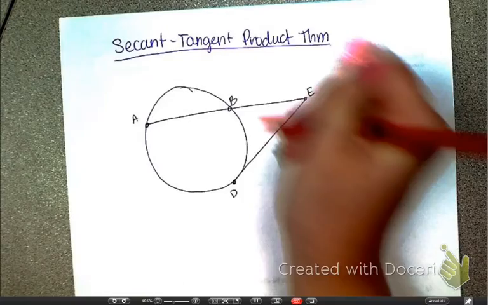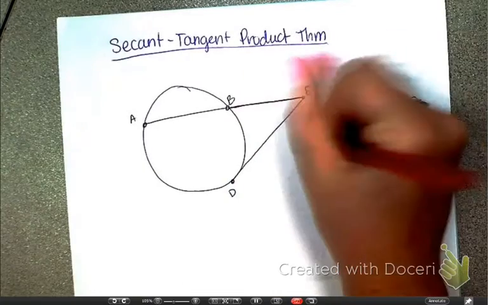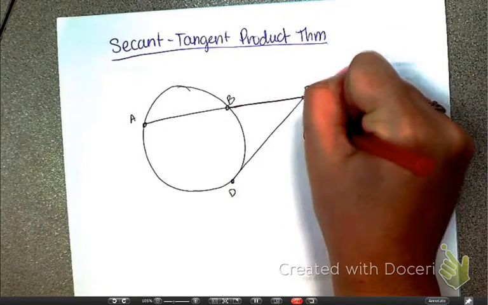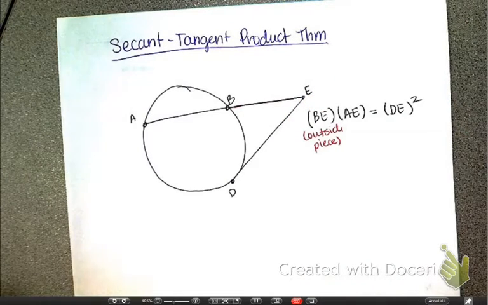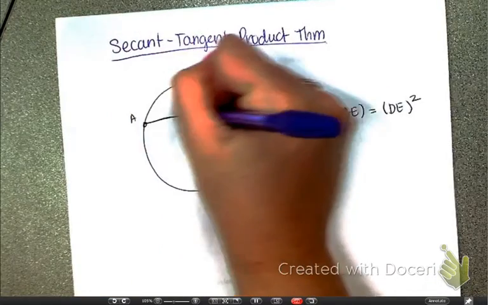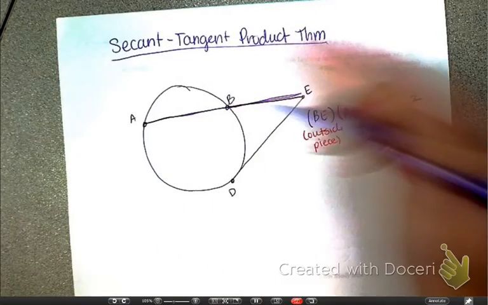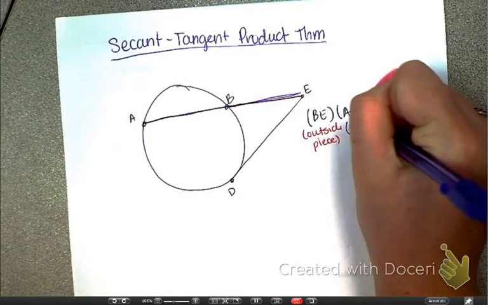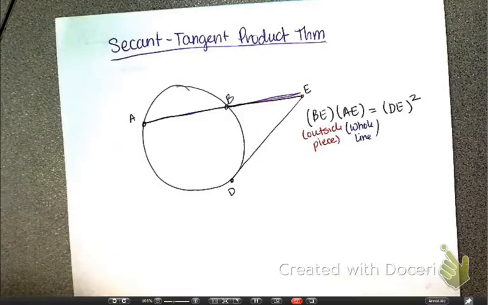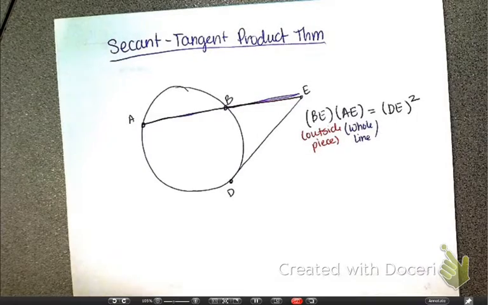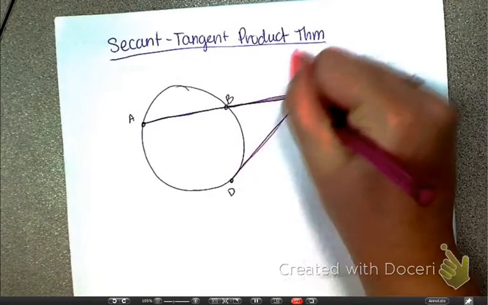The outside piece. Okay, so it's the outside piece times what? The whole thing. So the outside piece times the whole line equals the tangent. Good. Equals the tangent squared.